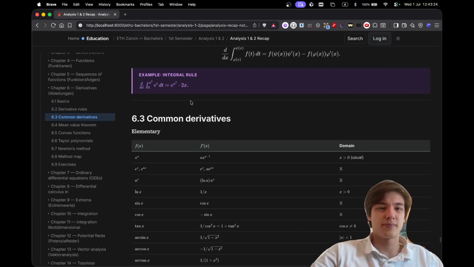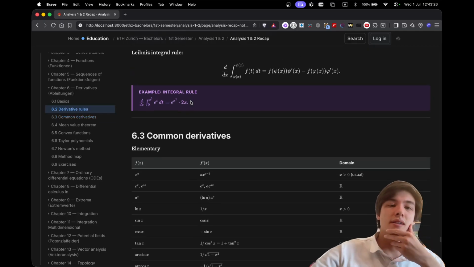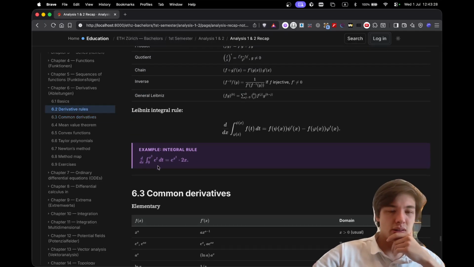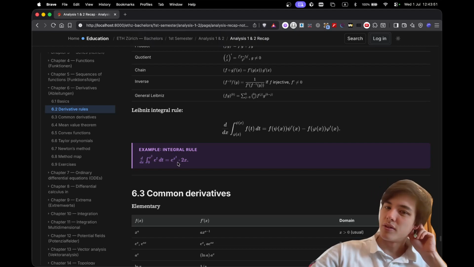Okay. Example, integral rule. Like e to the power of t, up to x squared, minus. Take the derivative.